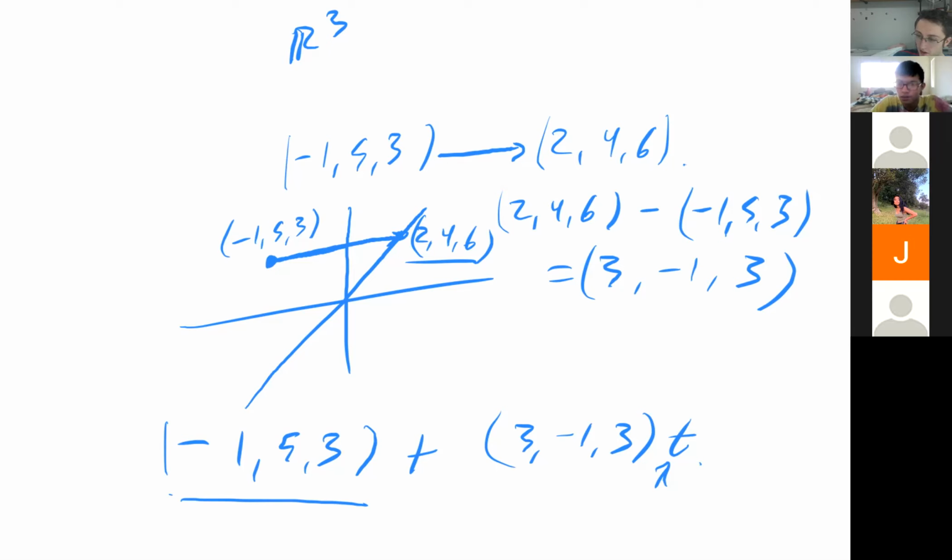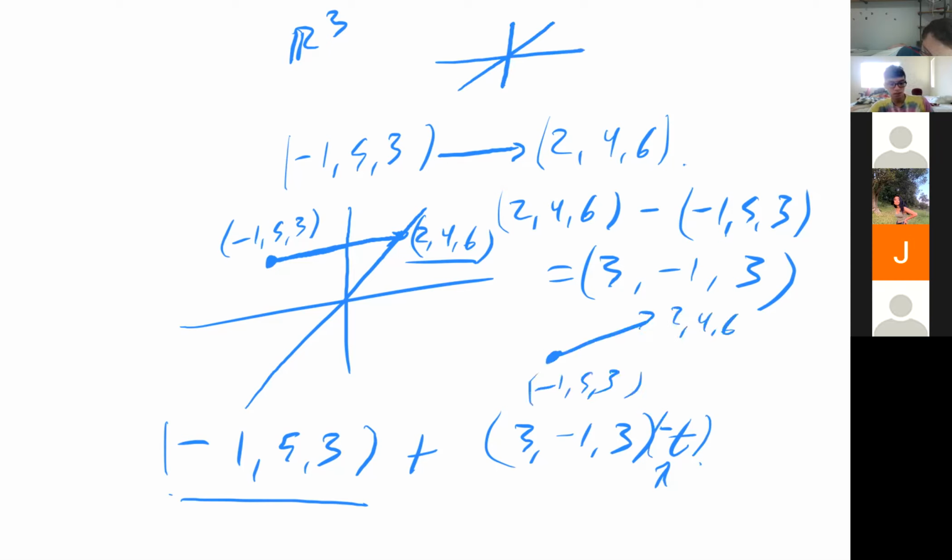Since t is just a scalar, it doesn't change the direction, just the speed. Is that the concept here? So it actually does change the direction. If we start at -1, 5, 3, and we put a -t, then before we were moving from -1, 5, 3 towards 2, 4, 6 as time increased.